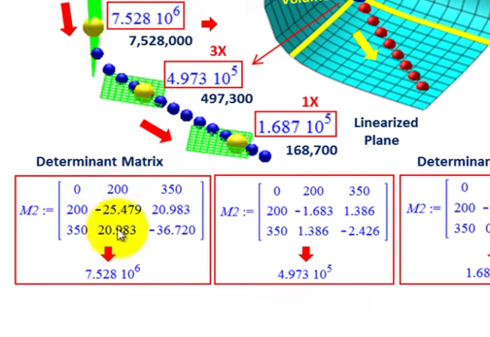And finally, just to make a point, the determinant matrices, you're going to have different matrices depending on your input. So that first input, remember that 7,528,000, we're going to have a specific determinant matrix. We're not going to go over those numbers. And then the second determinant matrix, that was at 497,300. So you're going to have a determinant matrix, again a 3x3 matrix. And that's our matrix.